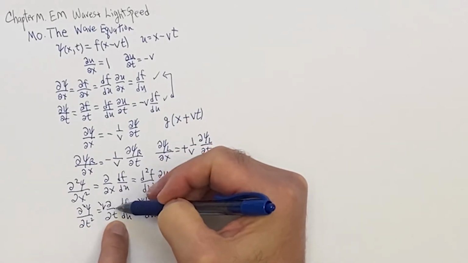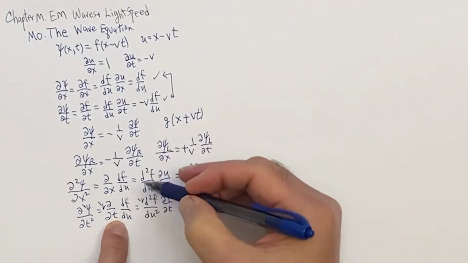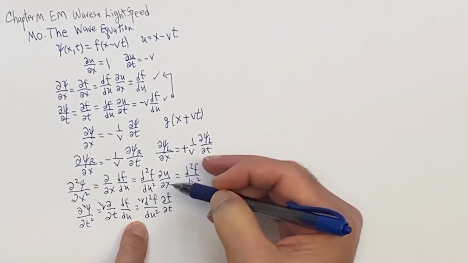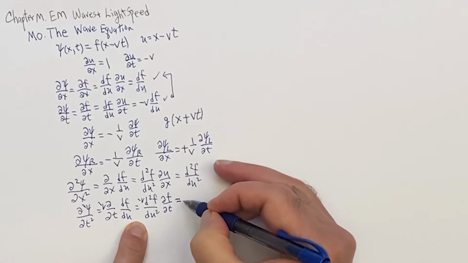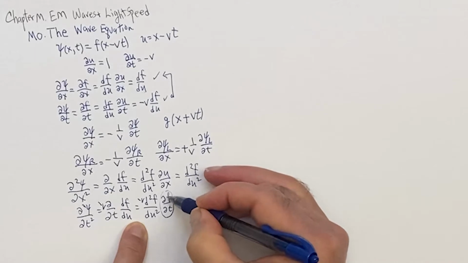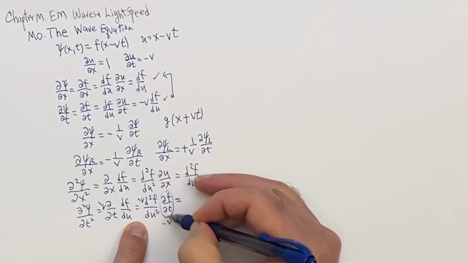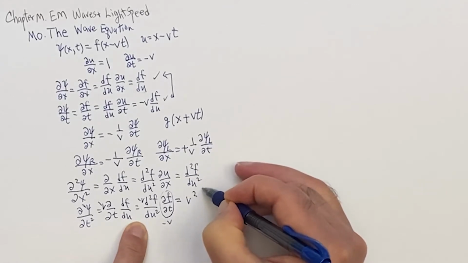Then I work on whatever's left. So I just happen to have missed that first time going through. Happens all the time, don't worry about it. I'm sure it happens to all of us. And then if you do that, this part here is another minus v. So now minus v times minus v is going to get you a v squared.